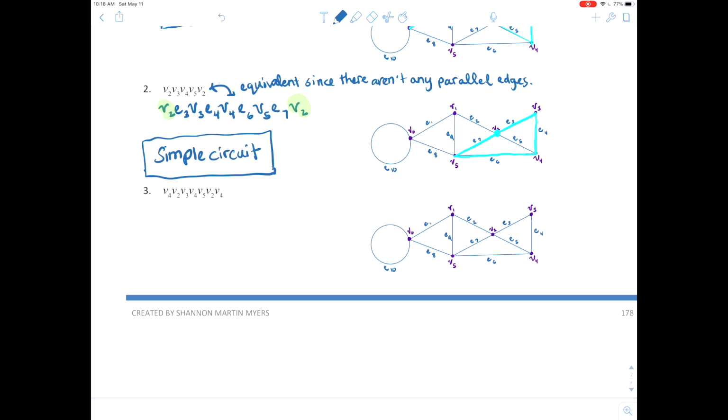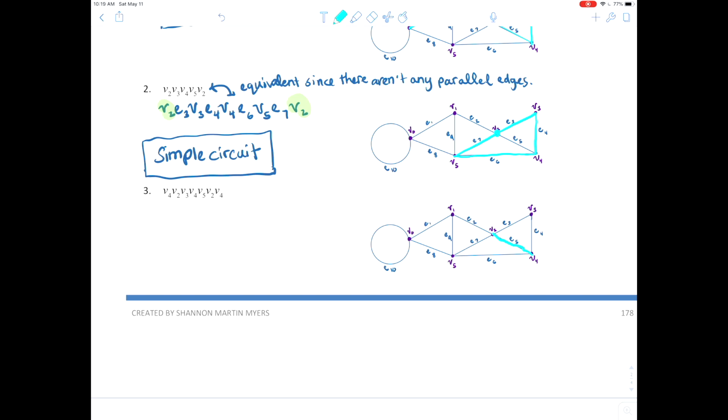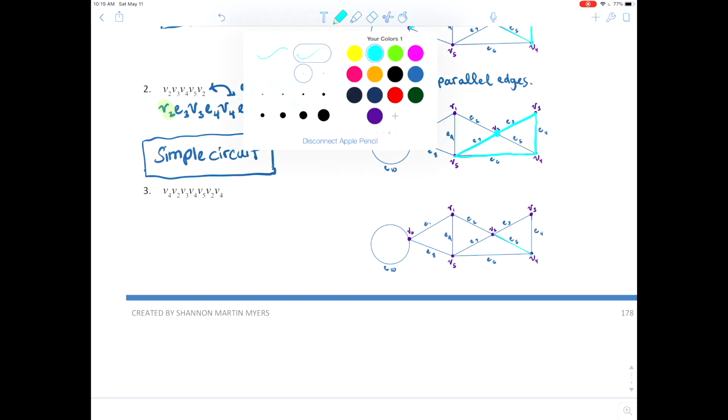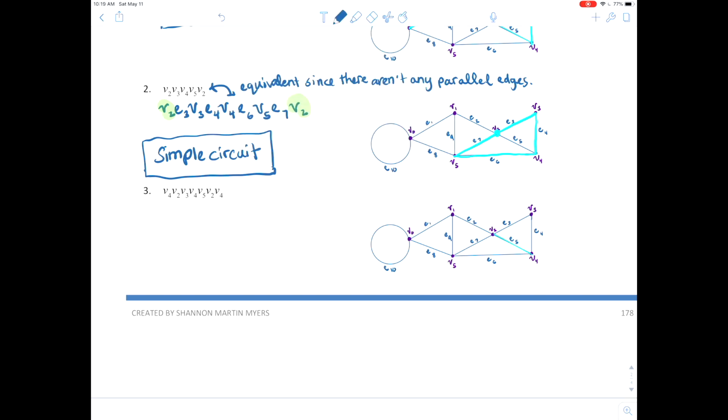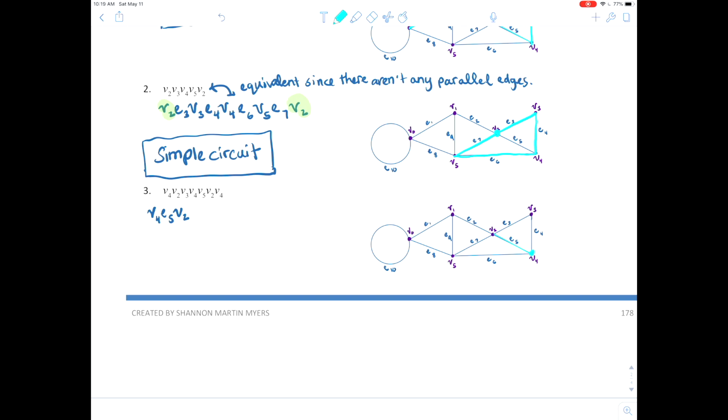All right. On this one, let's just go ahead and trace what we have and go from there. V4 going to V2 gives us what? V4, E5, V2. Coming back here, remember we started at V4, and we're going to end at V4, so it's definitely going to be a closed walk.